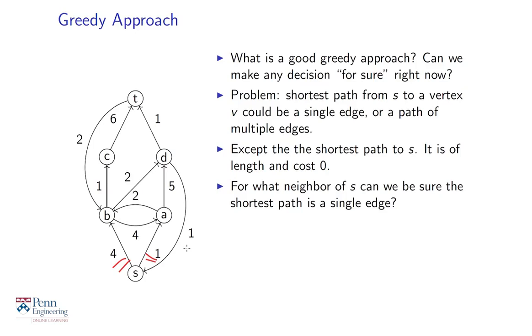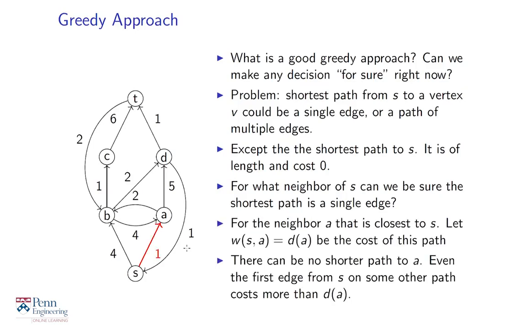Well, the claim is that for the neighbor A that is closest to S, the shortest path from S to A must consist of the single edge SA of weight 1. Why is that?